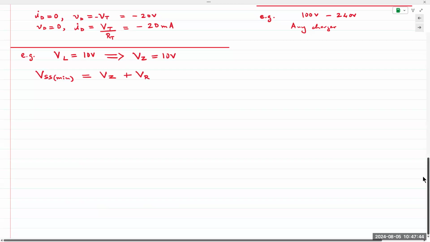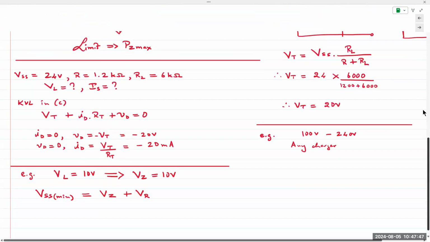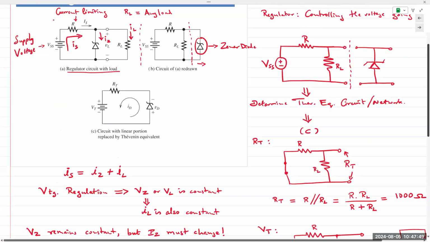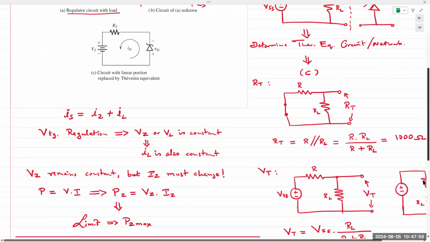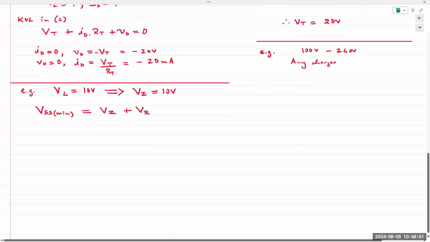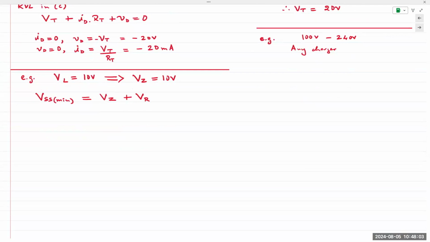And VR in this case is the voltage drop across this resistor R. Because again, remember, it's a series circuit. Current flows through R, causes a voltage drop, then it goes through VZ, and then anything else is sent to IL or VL.